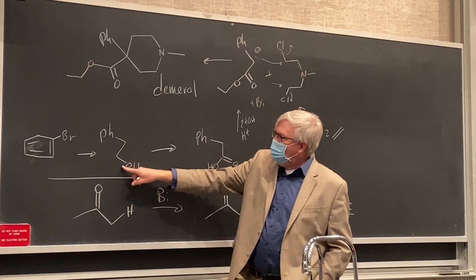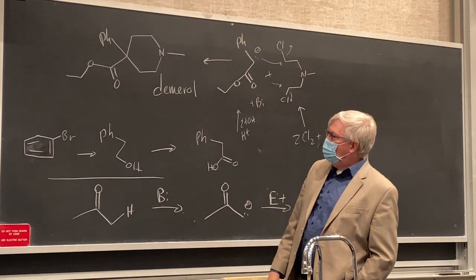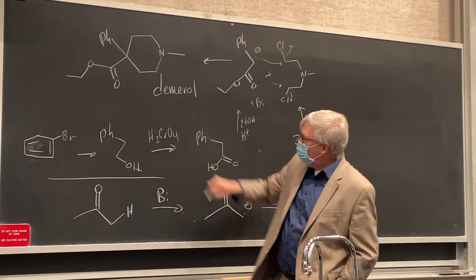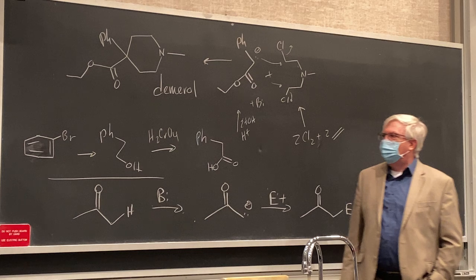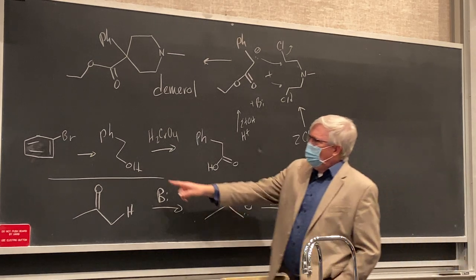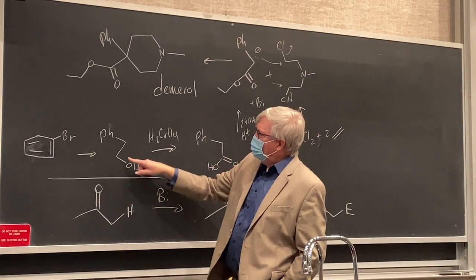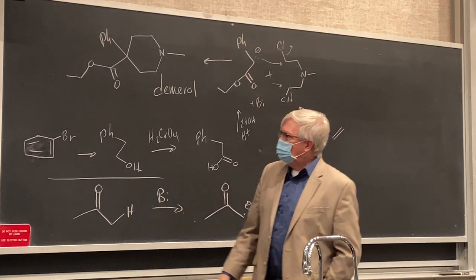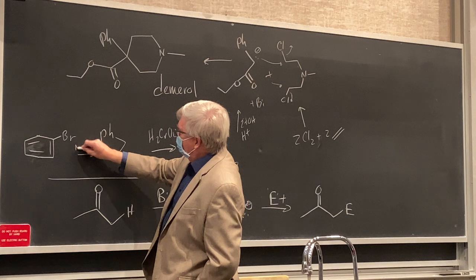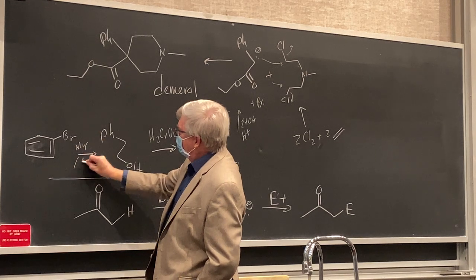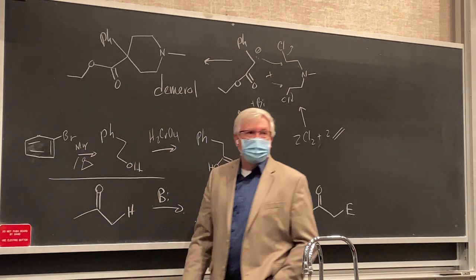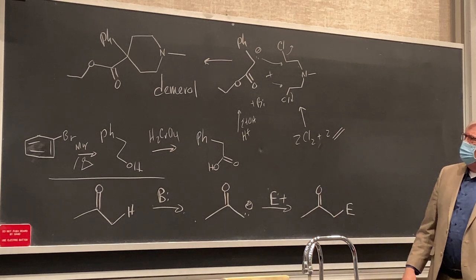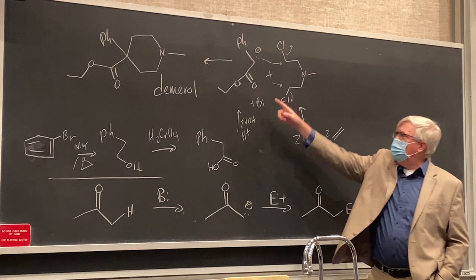Well, you oxidize this primary alcohol, and we know how to do that, chromic acid. That'll oxidize the primary alcohol to carboxylic acid. And then how do we make this? The ethyl alcohol with a benzene at that position. Well, we can do the Grignard reagent and then add in ethylene oxide, right? And that epoxide opening. So you can see relatively simple steps to make that part of it.